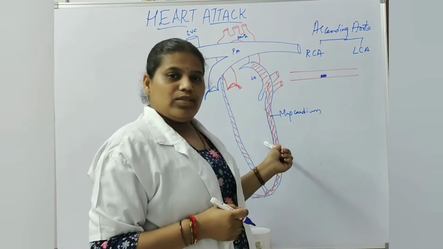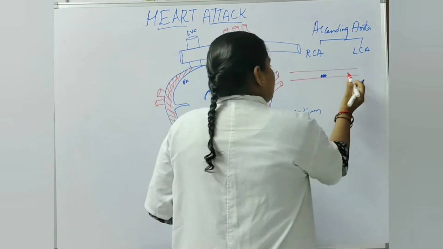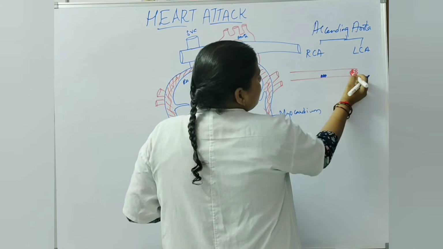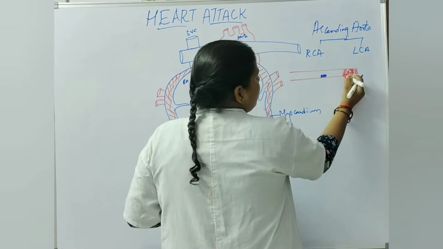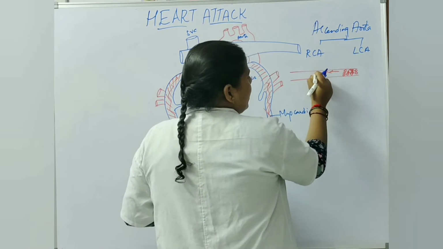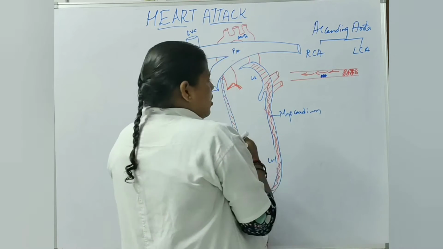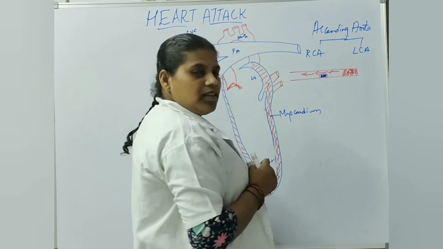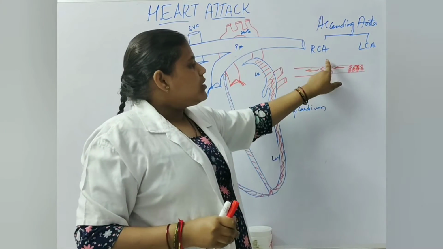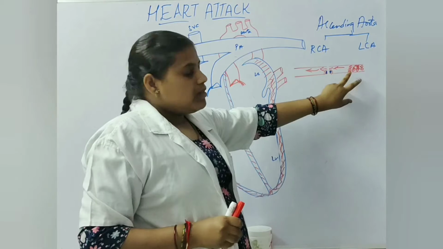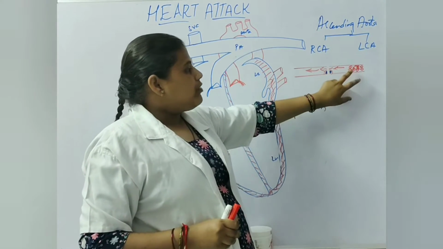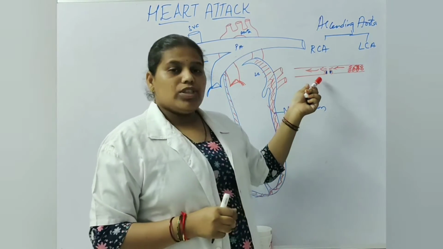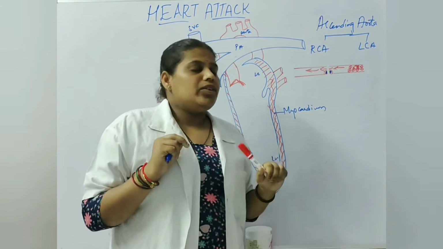Now there is a passage of blood in the arteries. Due to the formation of a plaque, there is a disturbance in the flow of blood. This plaque is blocking the artery from the flowing of blood from this side to this side. This is the formation of the plaque which blocks the coronary artery.